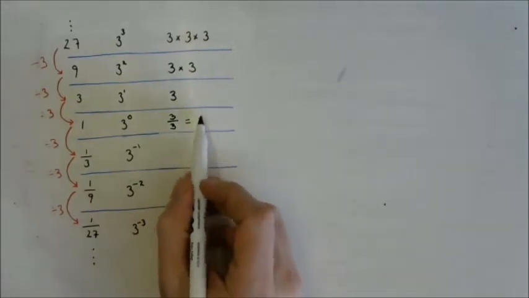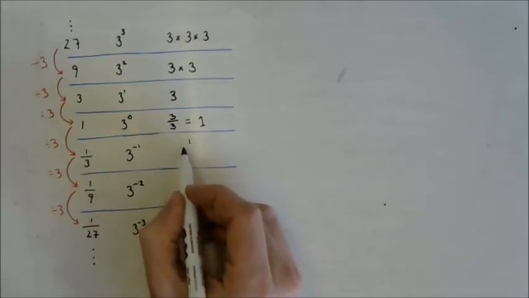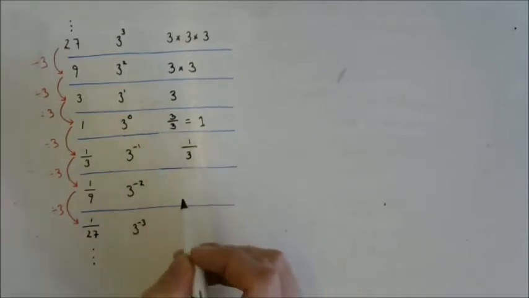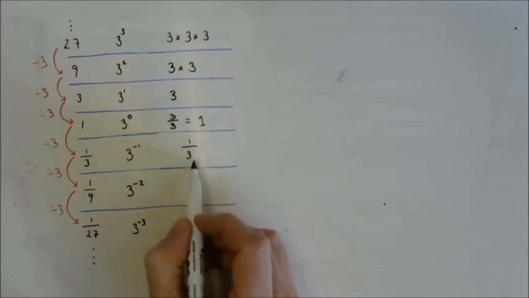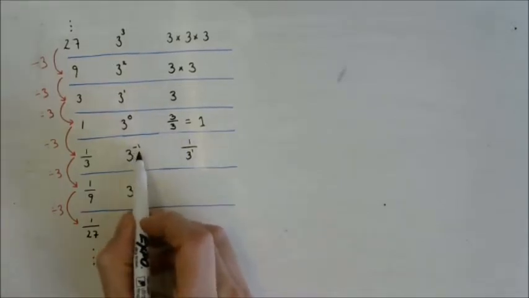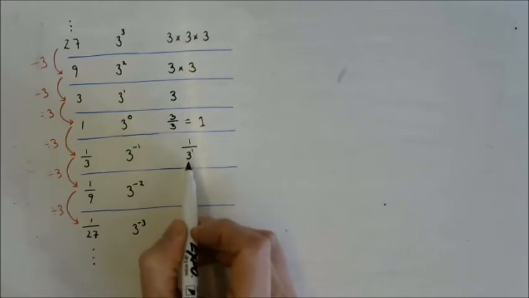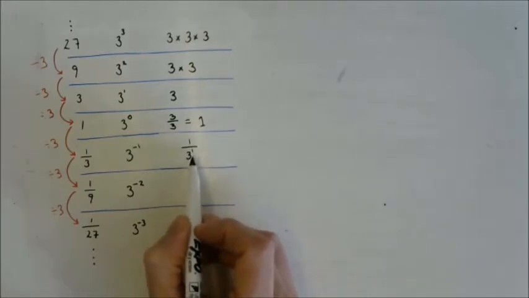So if we have 1, and we're going to divide it by 3, then we have 1 over 3. 1 factor of 3. And look at this, actually, it is 1 over 3 to the power of 1. So we started with 3 to the power of -1, and that's the same as 1 over 3 to the power of +1.